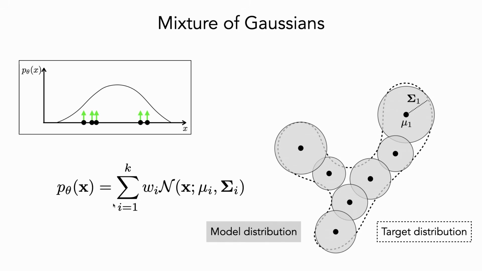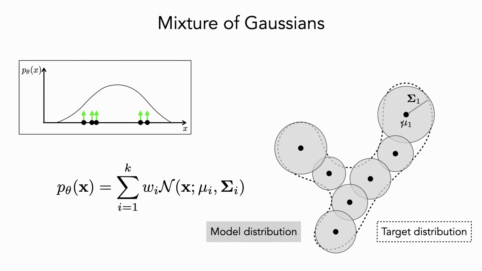Okay, so here's what the mathematical model is. It's just a mixture, so a sum, with weightings W. In traditional models these would be positive, but you can imagine these being negative or positive more generally. Every component is a Gaussian, a little blip of Gaussian probability centered at a mean, mu, and covariance sigma.